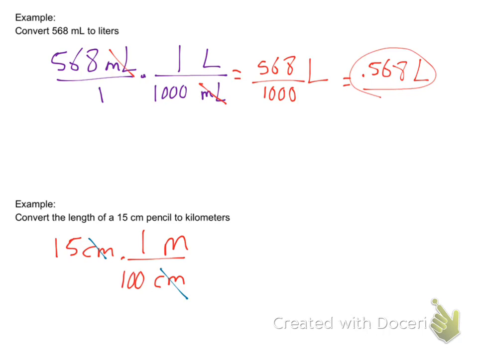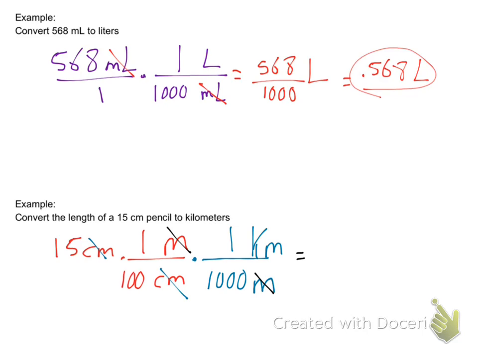Guess what? Our centimeters will now cancel away. I'm left with meters. I don't want meters. I'll cancel that out. But hey, do we know a conversion factor now that can go from meters to kilometers? Kilometers. So do we know this conversion? 1 kilometer is 1,000 meters. And this will allow me to cancel out my meters.